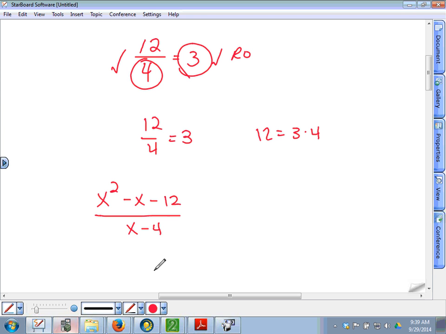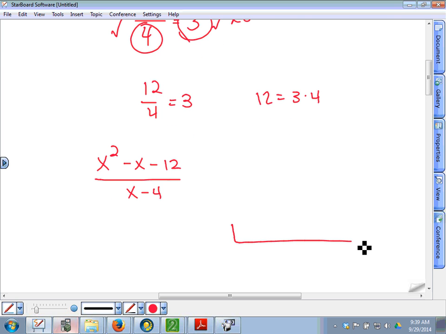We got a remainder of 0. So how do I know if x minus 4 is a factor of that? You could do long division. We could, but couldn't we do synthetic division as well? Let's just quickly go through this. If we did the synthetic division, 1, negative 12, and then we synthetically divide it by positive 4, if this really is a factor, what should we expect to get? Let's see.